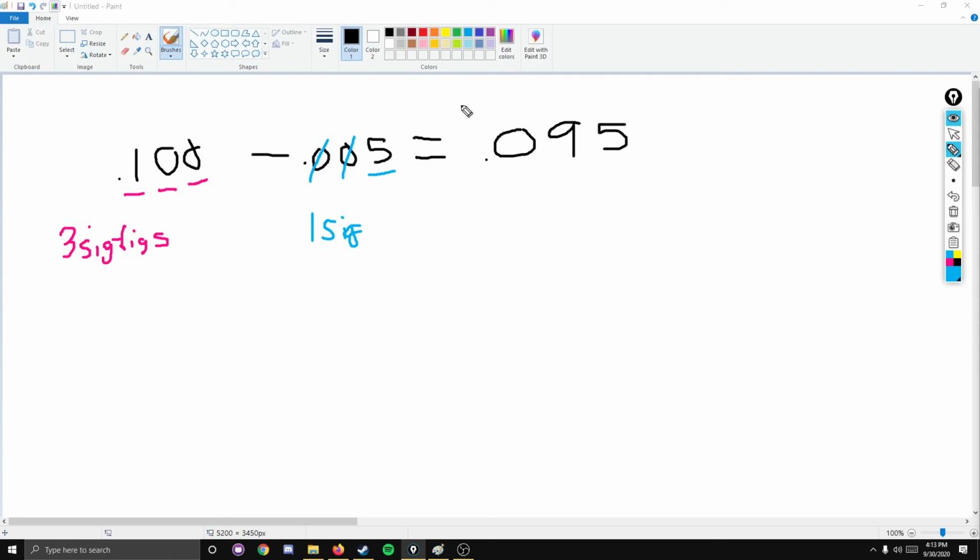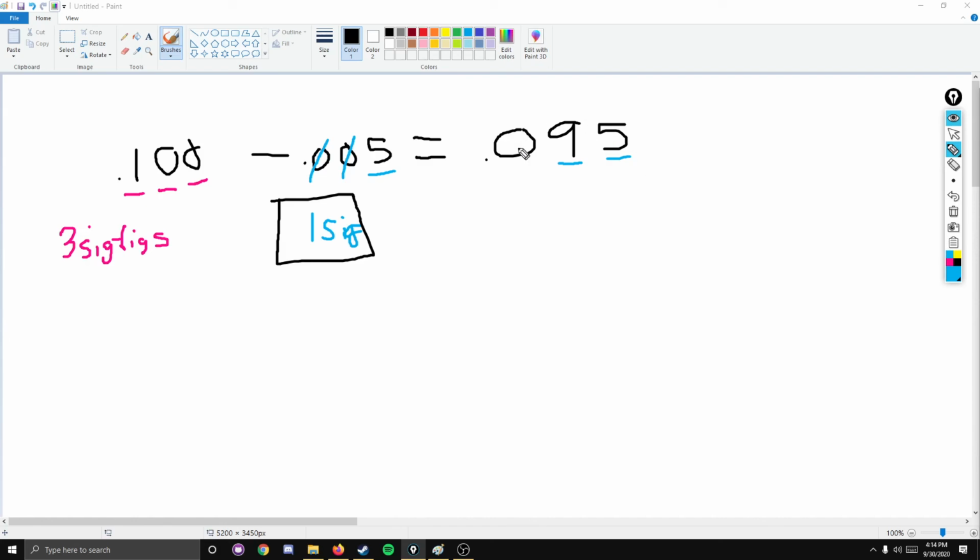When counting sig figs for my final answer, I can only use the least amount given. Since I've only been given 1 significant figure here, my answer can only have 1 significant digit. Now, 0.095 has 2 significant digits, both 9 and 5.